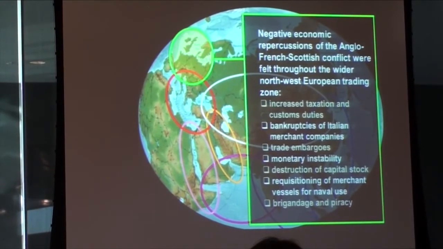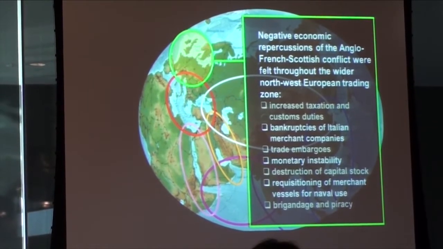Trade embargoes, monetary instability, the physical destruction of capital stock by armies plundering and destroying, and the requisition of merchant vessels for naval use. There is no navy as such, so when you need a navy, you requisition merchant shipping, and then brigandage and piracy as others piggyback on the breakdown of law and order. So it's a very disruptive time.